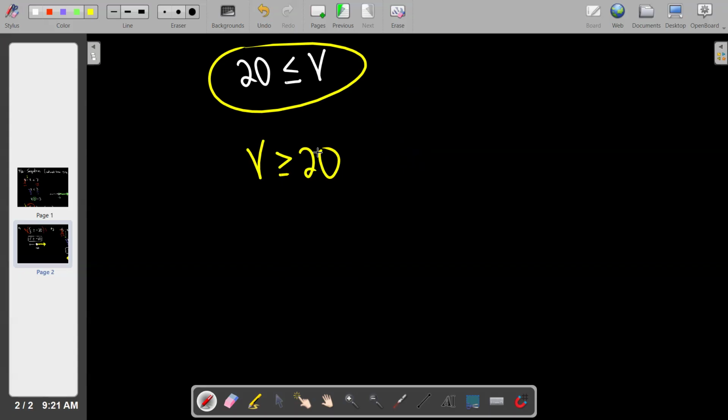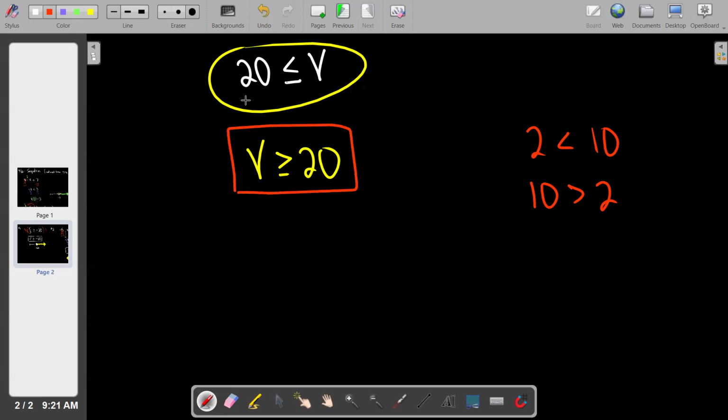We switched the sign, but it's not a mathematical switch like dividing by a negative would be. It's just saying we all agree with this. If 2 is less than 10, which is true, then I should be within my rights to just say it backwards. So 10 is bigger than 2. That's all it is. This answer in the red box is good.